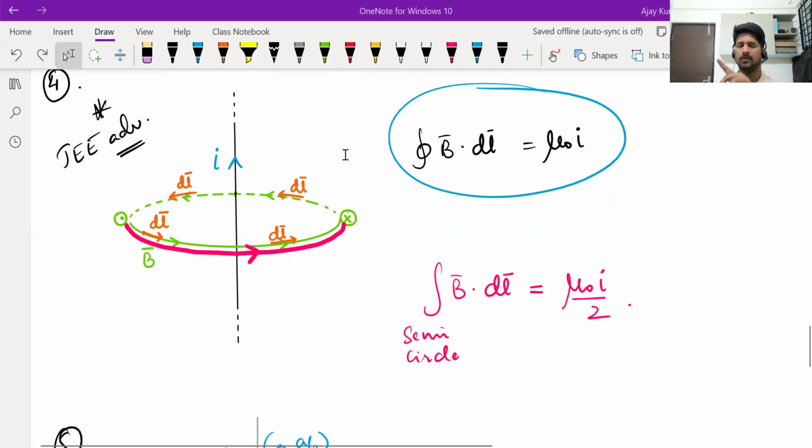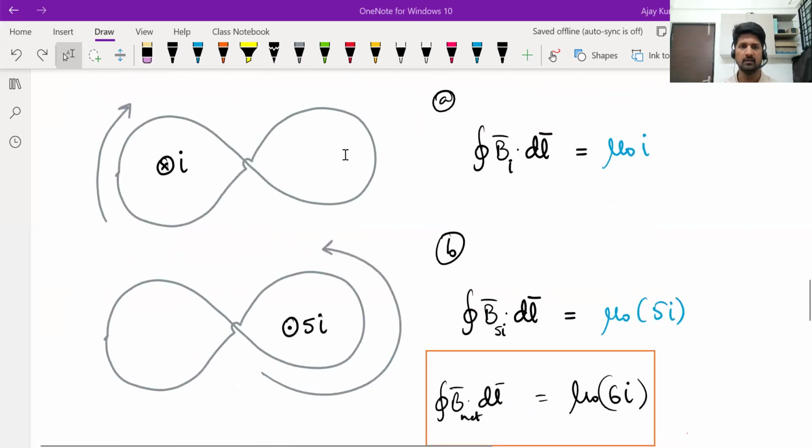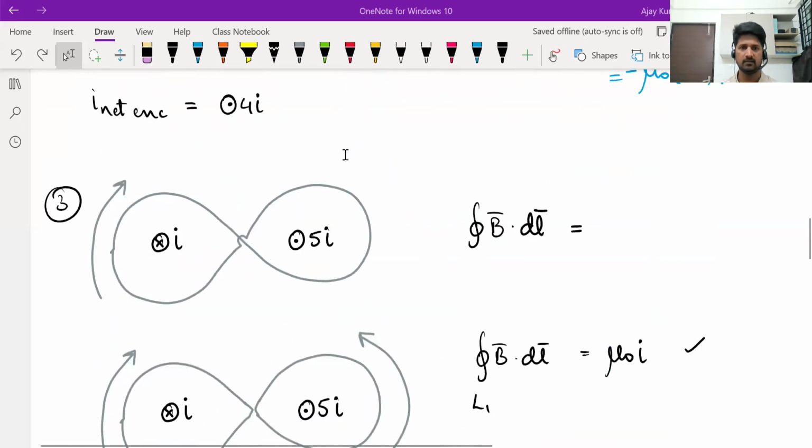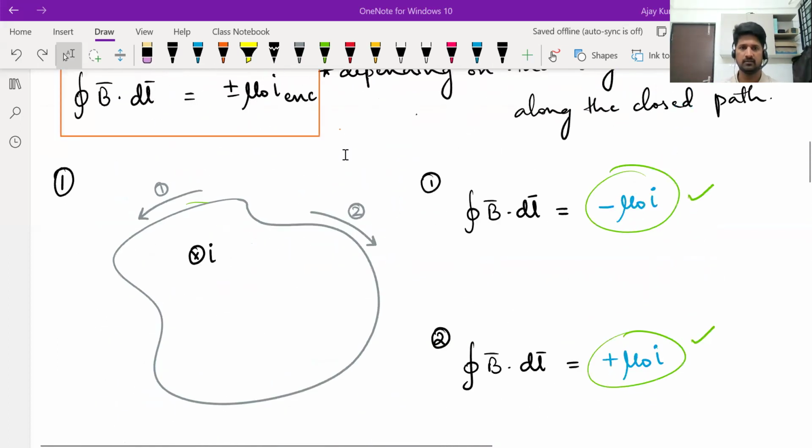For the complete loop, the answer is mu naught I. For half of the loop, it should be mu naught I by 2. But it doesn't mean that for every loop, half of it will be mu naught I by 2. For example, had the loop been asymmetric, like in this case. I'll mark some points in green. At these points, the magnetic fields are strong because they are close to the wire. I'll mark some points in red. At these points, the magnetic fields are weak because they are far from the wire.